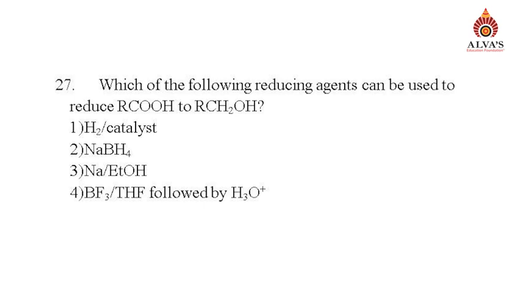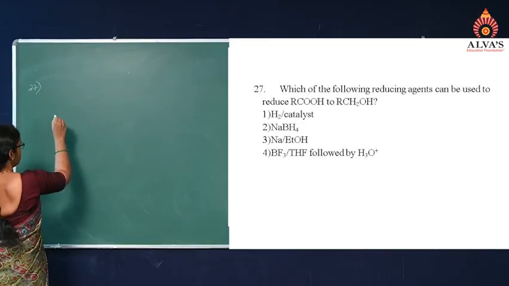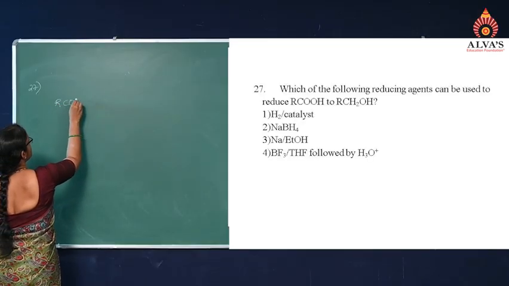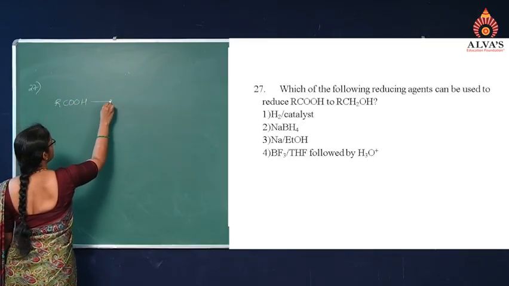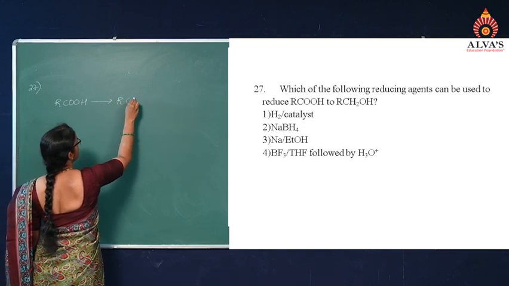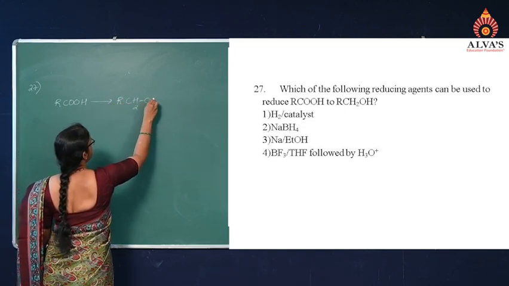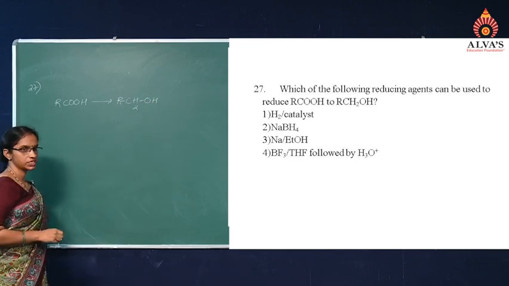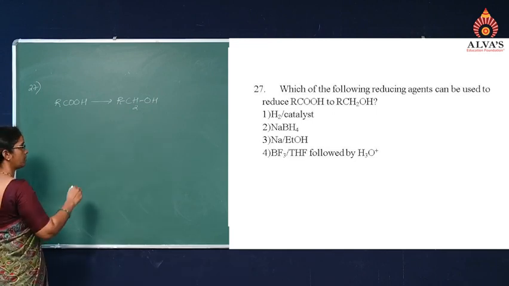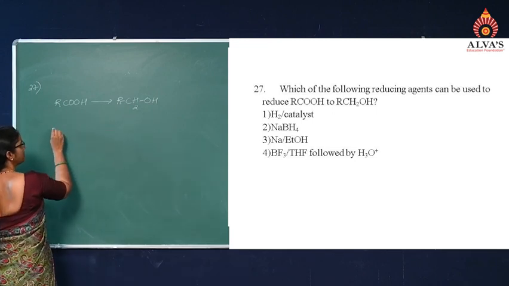Which of the following reducing agents can be used to reduce RCOOH to RCH2OH? In this, we are expecting carboxylic acids converted to primary alcohols, and this conversion is best brought about by three members.